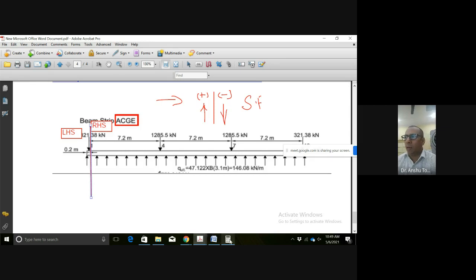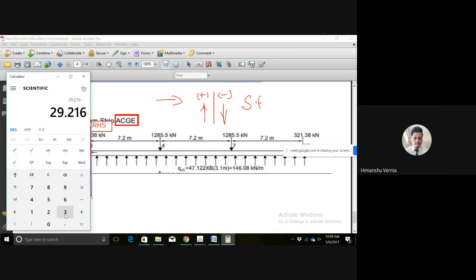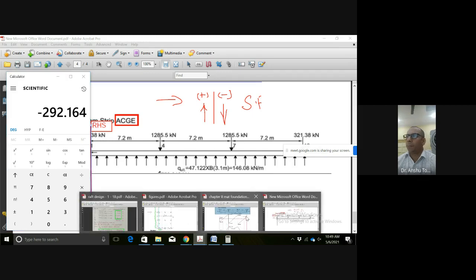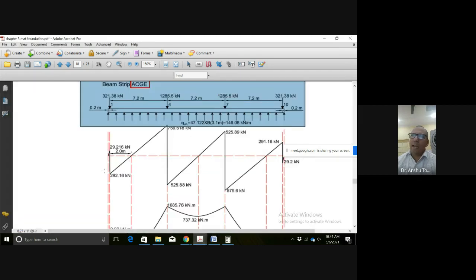Let us see what the value is. 29.216 minus 321.38 is equal to minus 292.164. This is the value which we will be getting. On the same line you can see, we will be having this.